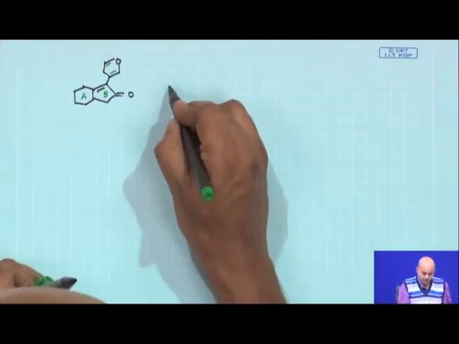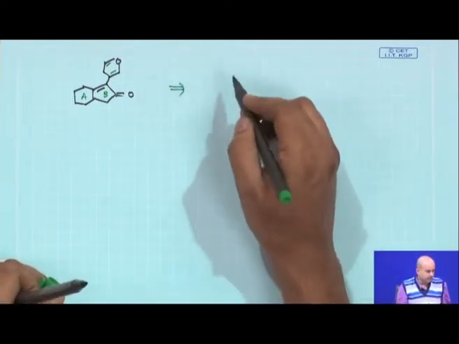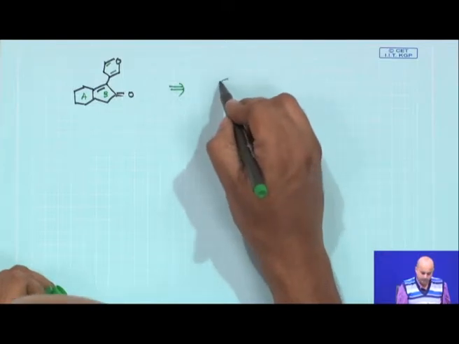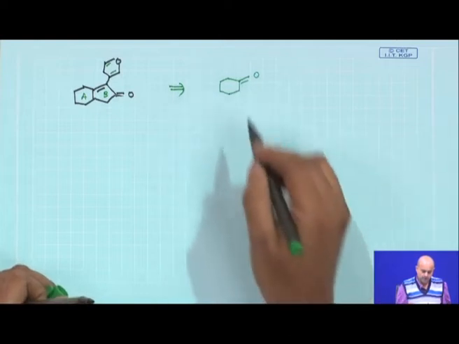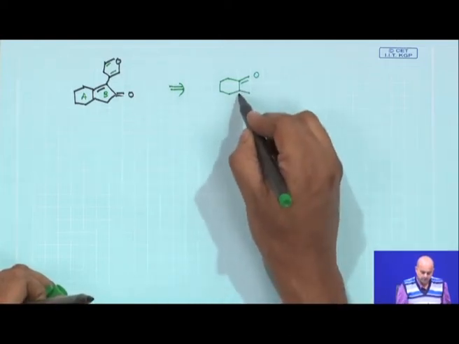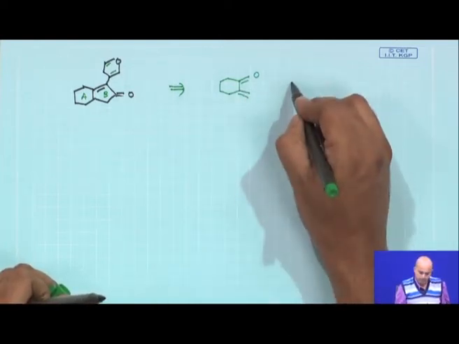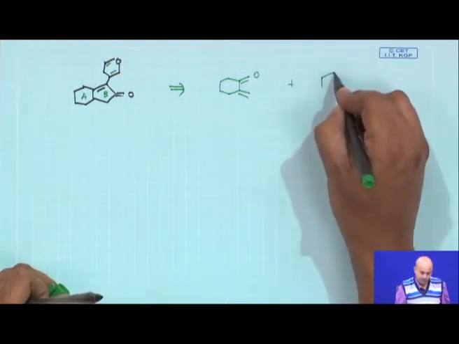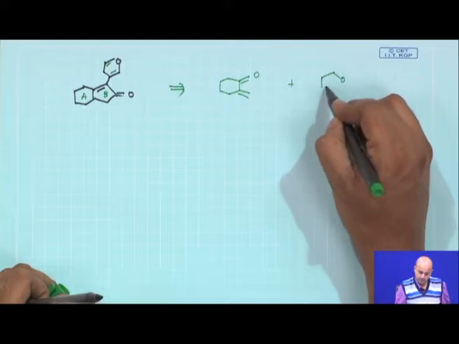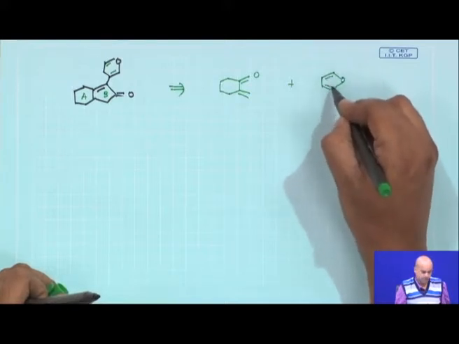And obviously, I will give you the starting materials also. The starting material which I have given to you is not a very popular starting material, and the other starting material is a furan based compound.